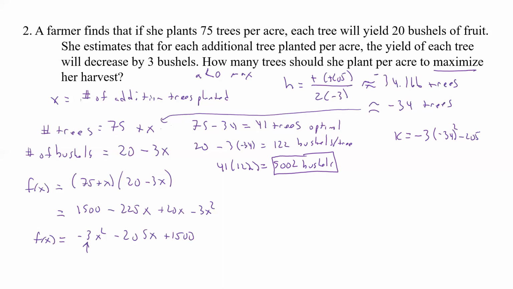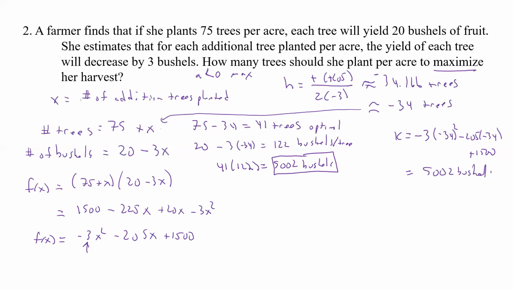Minus 205 times negative 34, and then plus 1,500. And I'm hoping that gives me the same as that 5,002. So negative 3 times negative 34 squared. And then it's really going to be plus 205 times 34 plus our 1,500. And that gives me 5,002 as well.